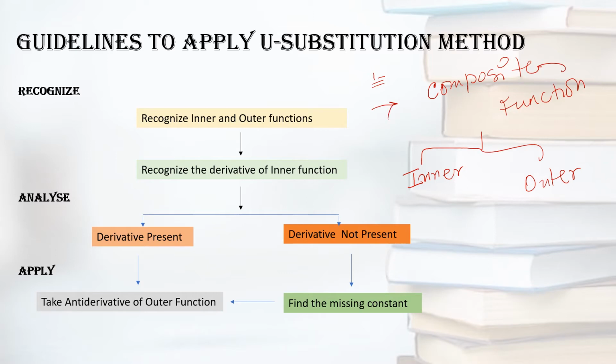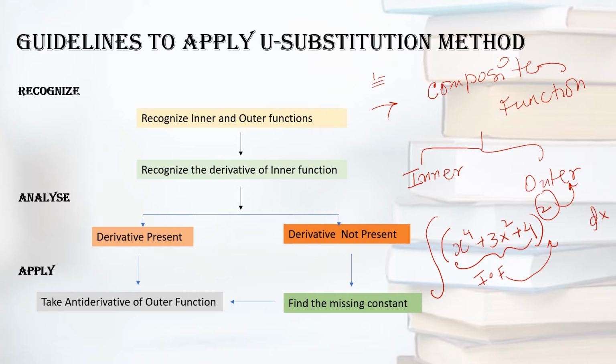But after recognizing the composite function, you have to see where the inner function is. So for example, if any function is written in terms of a power, then the function which is inside the bracket is the inner function and the power will be termed as the outer function. Once you recognize the inner function, find whether the derivative of the inner function is written inside the integral sign or not.